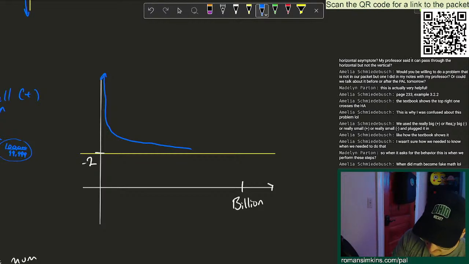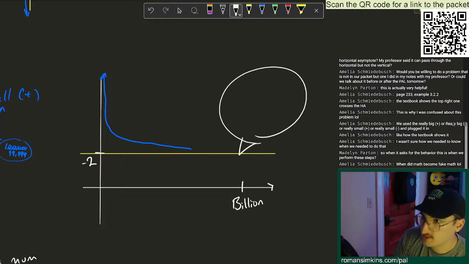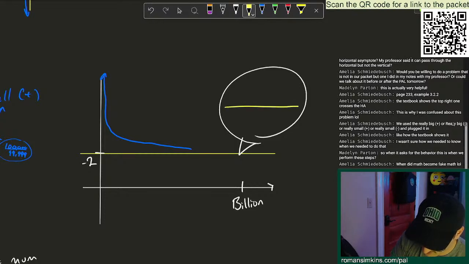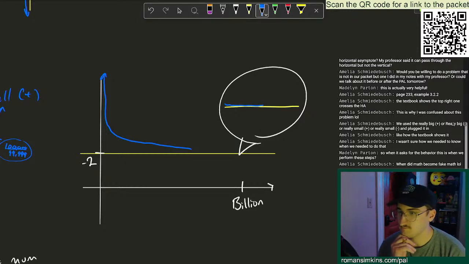If I had my zoom lens on right here, and I'm zooming in on the behavior, I have this asymptote, and you have hardly any difference between what's going on, right? And so I know that I can find out the location of that point by thinking about the difference between the asymptote and my function.